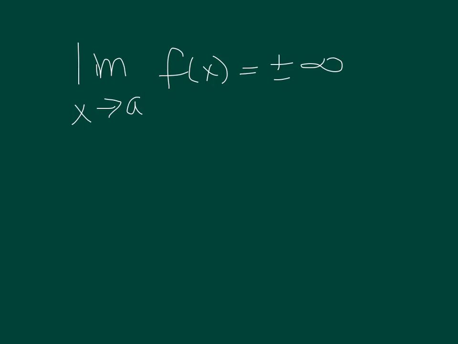What I want to say is that when we're talking about limits, the limit as x approaches a of f of x equals positive or negative infinity. What are we actually saying that means?